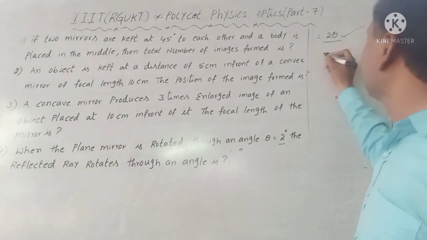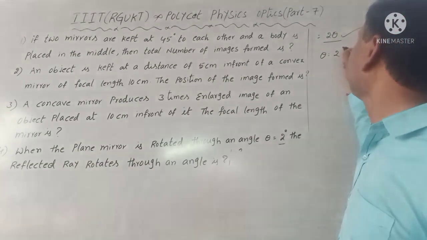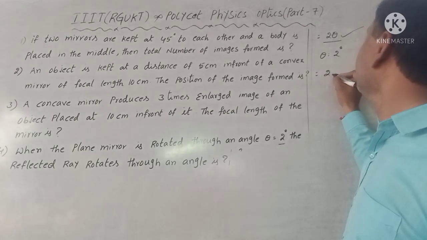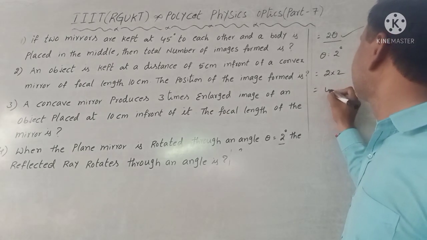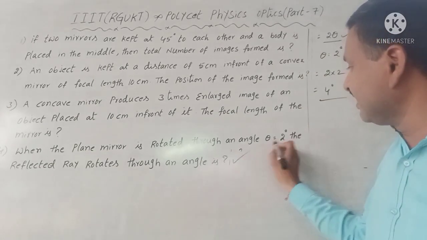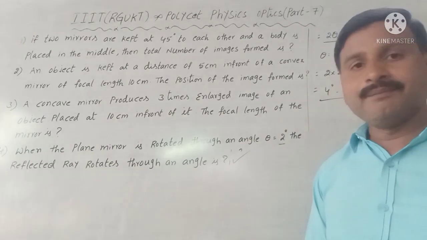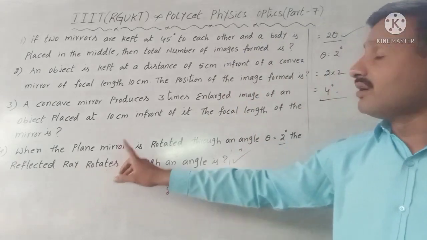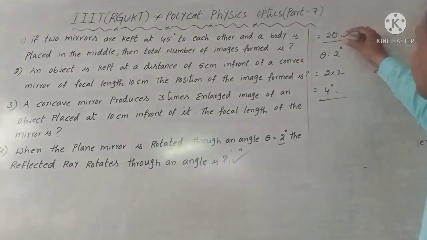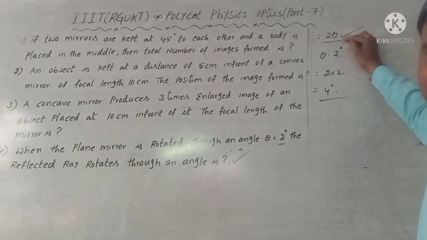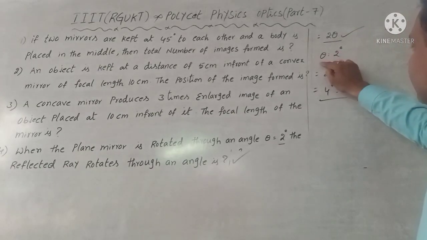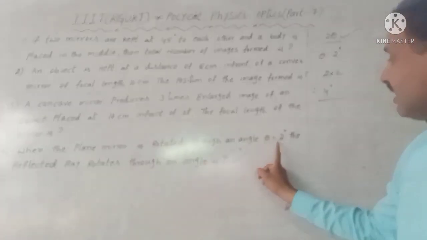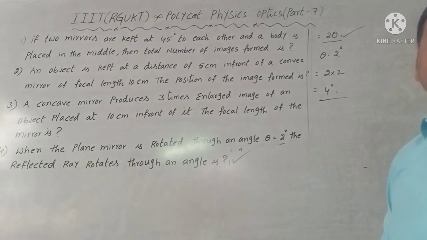Theta is already given, theta equal to 2 degrees. So 2 into 2, that means the total rotating angle is 4 degrees only.